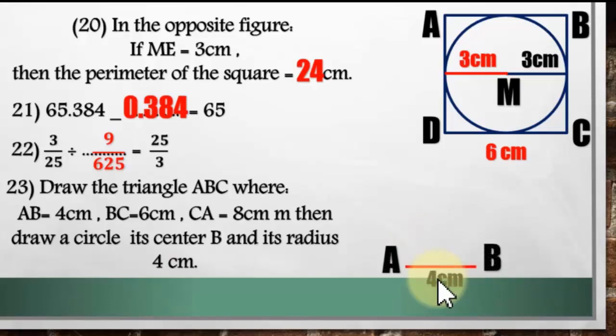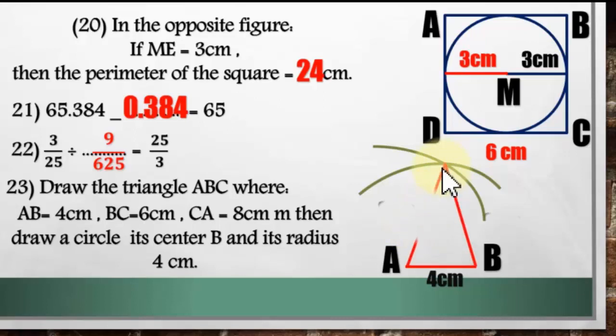After that, open your compass 6 centimeter and draw an arc, and open it again as 8 centimeter and draw an intersecting arc. They intersect at one point. Join BC and join AC.